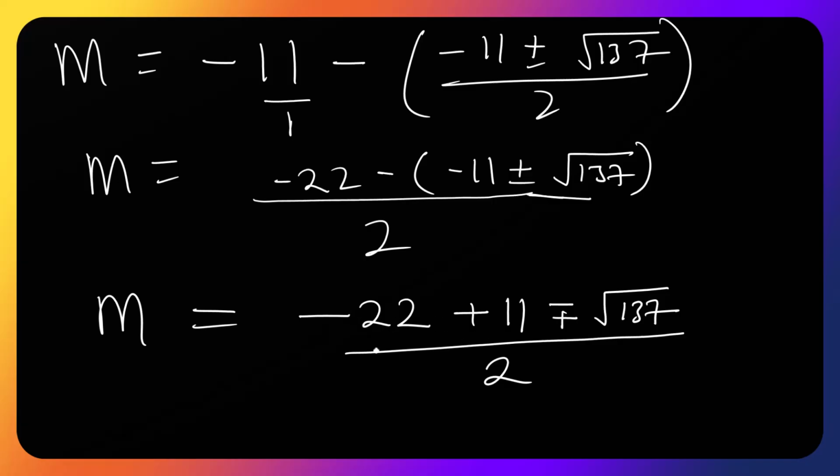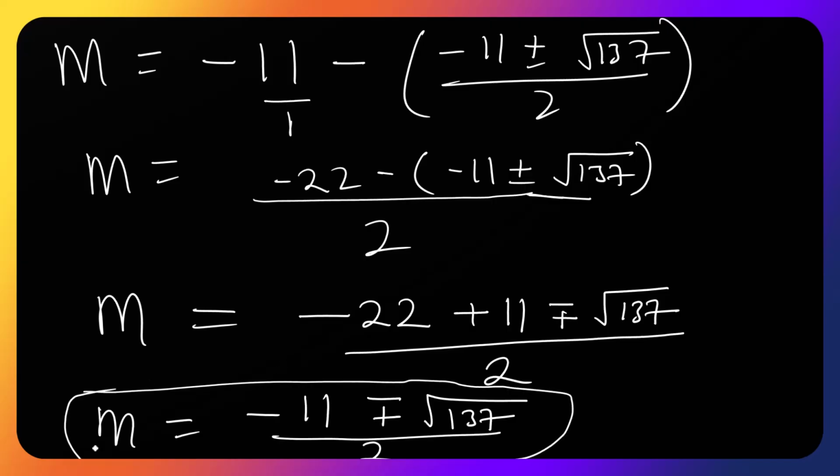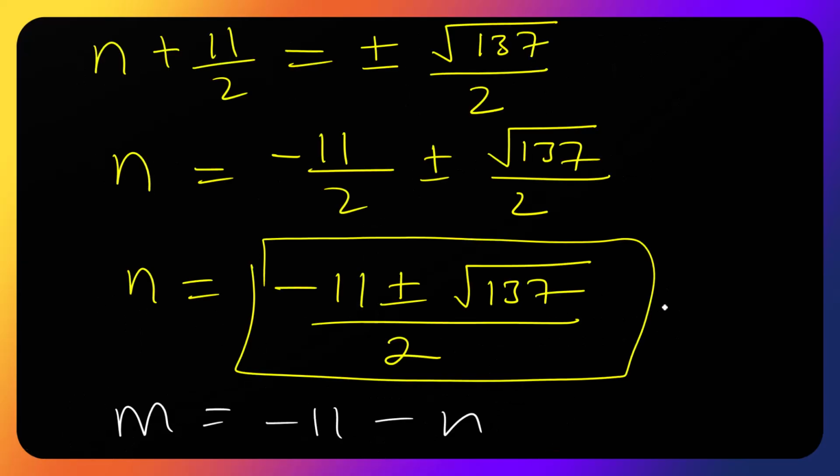So we have m as minus 11 minus or plus square root of 137 on 2. So we have m as this, and n is also here. So let's compare the two.